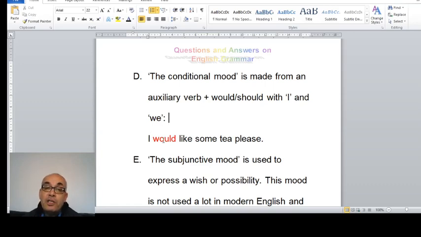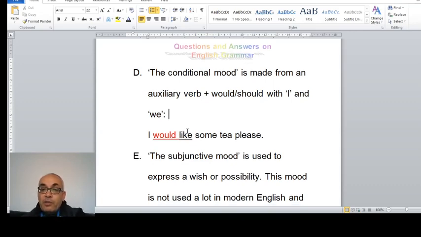As you know, would is the conditional. Of course, the verb is would like here. Would is the past of will, and like is a verb after would. We have to use the infinitive after would. And this is what we call the conditional mood. So it is made from the conditional verb would or should.